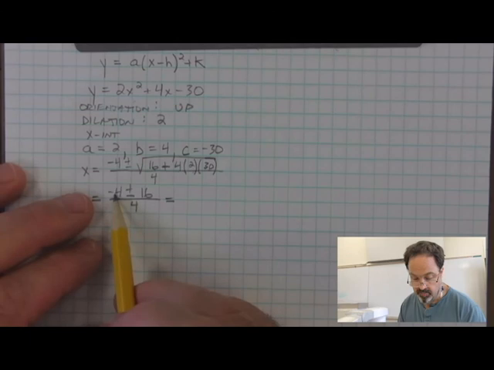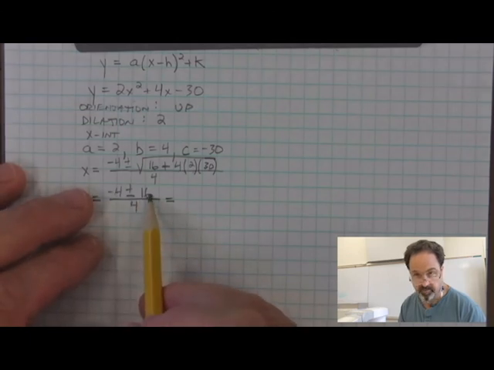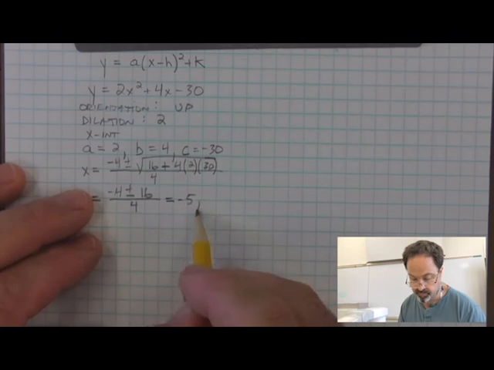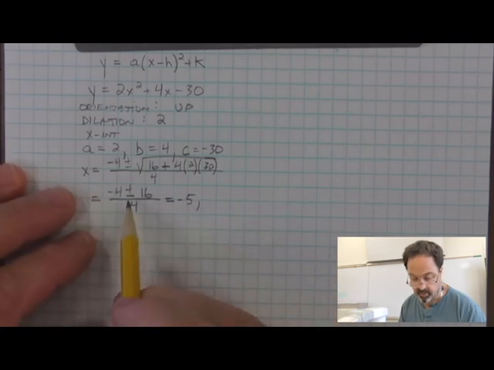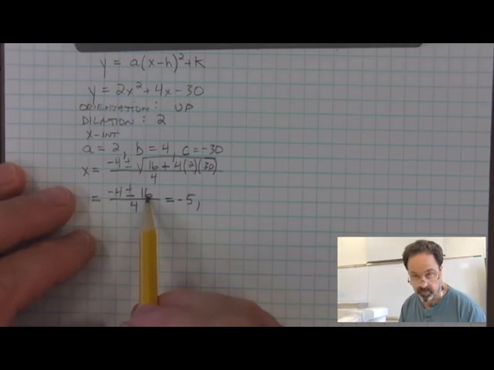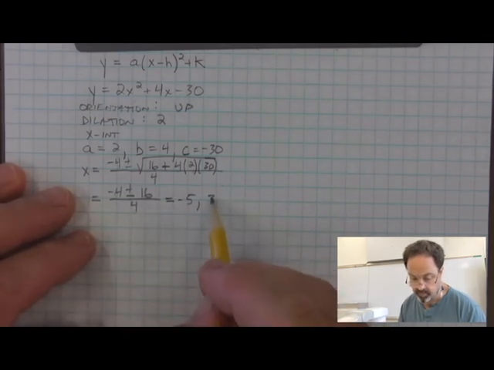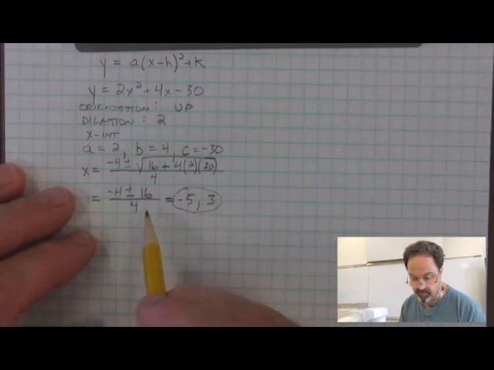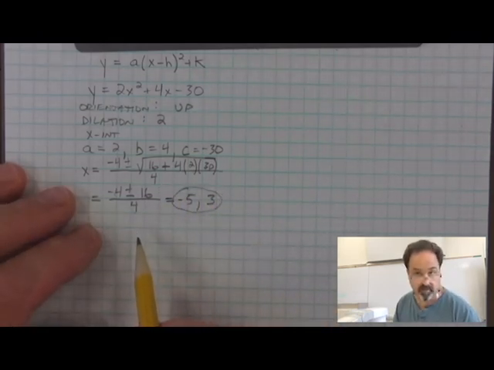Next step, negative 4 minus 16 is negative 20, divided by 4 is negative 5. The second x value is negative 4 plus 16, which is 12, divided by 4 is positive 3. I've found my 2 values of x, which are the x-intercepts.